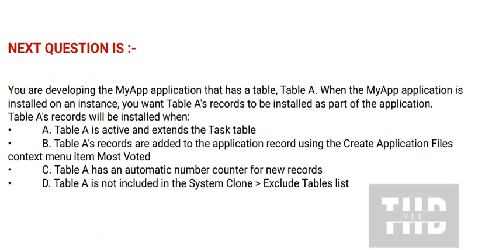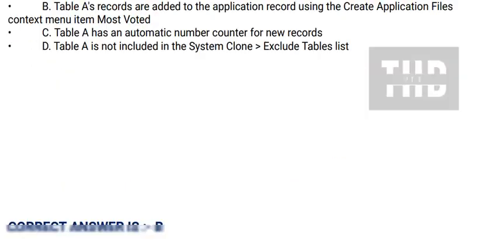Option B, Table A's records are added to the application record using the create application files context menu item. Option C, Table A has an automatic number counter for new records. And option D, Table A is not included in the system clone exclude table list. And the correct answer is option B.